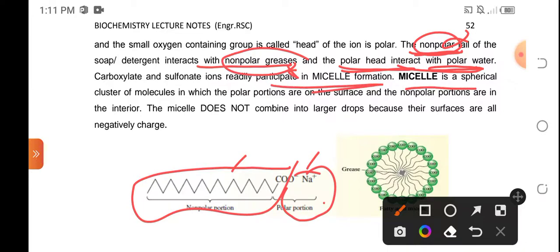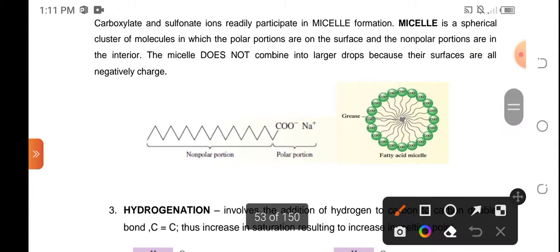Pag sinabi nating micelle, it is a spherical cluster of molecules in which the polar portion is on the surface, and the nonpolar portion, which is the tail, is on the interior, carrying the grease. Kaya natatanggal yung mga dumi sa mga nilalabhan, sa mga labada. It's because the head and tail, or the polar and nonpolar portions of the fatty acid salt, actually trap the grease inside.